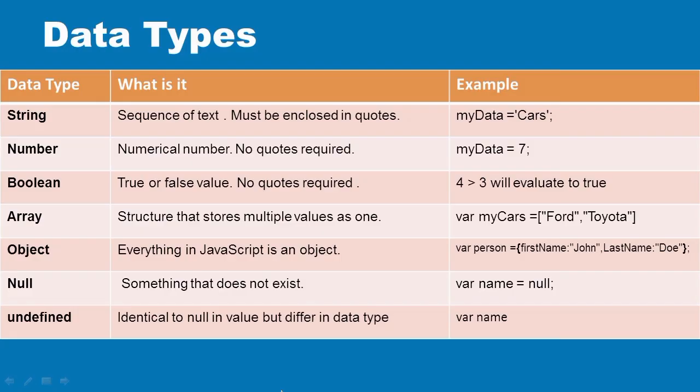The next data type I want to mention is the number data type. Basically, it refers to any numerical value, and it does not need to have a quote around its value. So let me illustrate by creating a simple variable that will store a number data type.